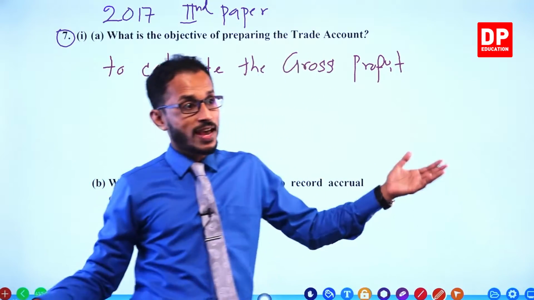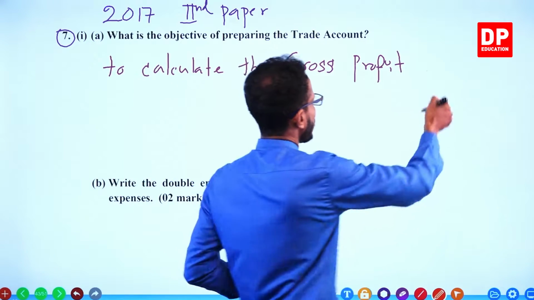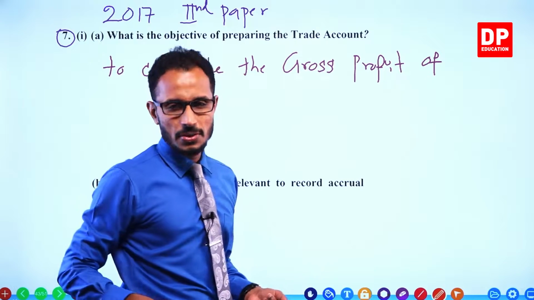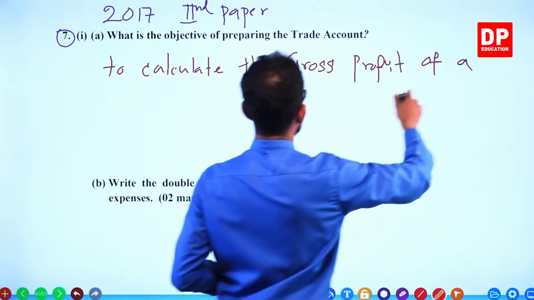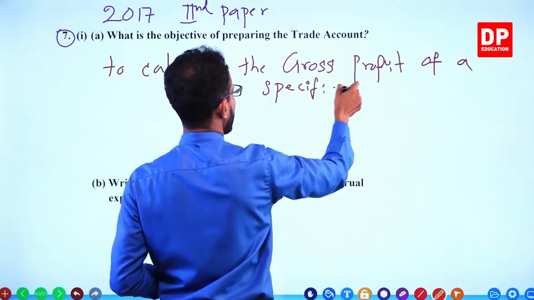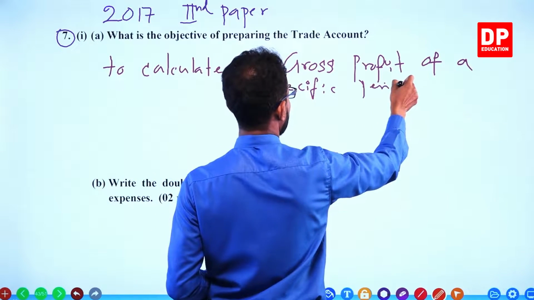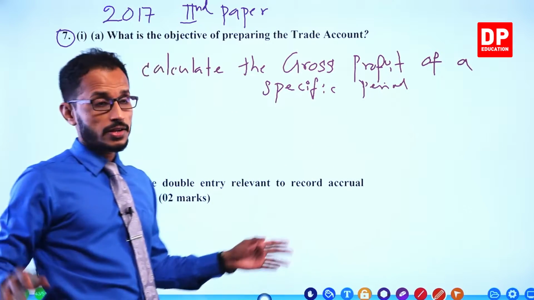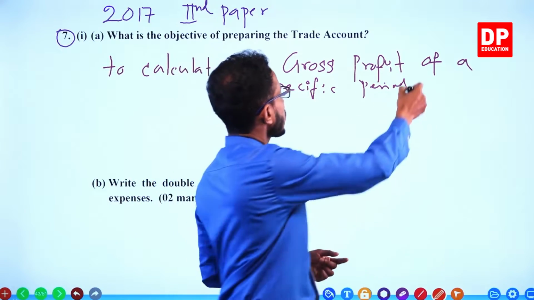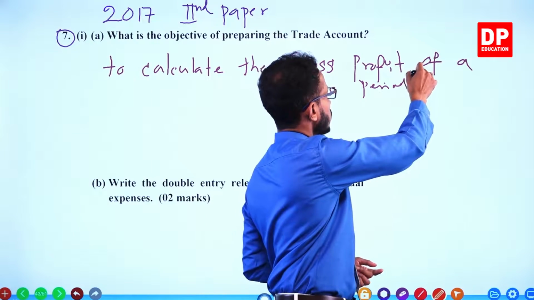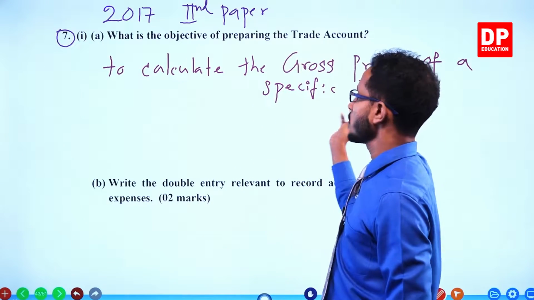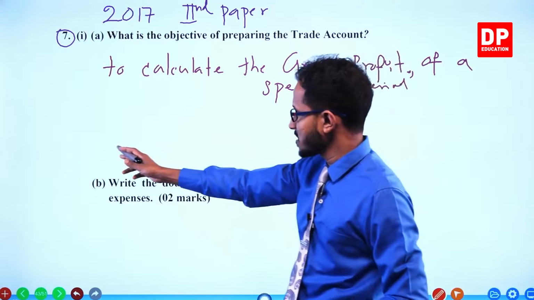Can be a profit, can be a loss. Gross profit of a specific period. Got it? Calculate gross profit or loss of a specific period, accounting period.